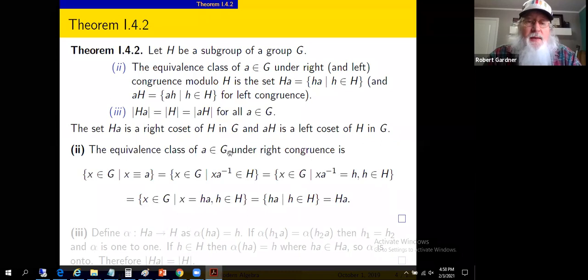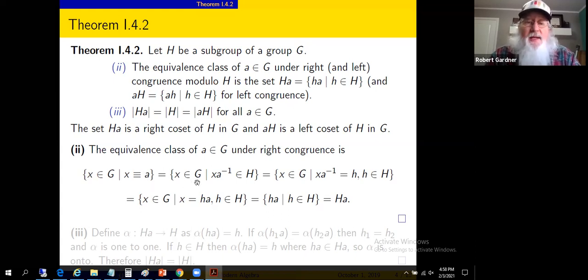Okay, so we need to establish that. We'll just write out what we mean by the congruence. Suppose we take all x in G such that x is right congruent to a.